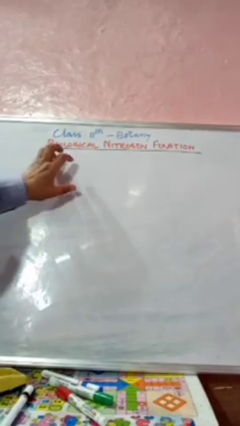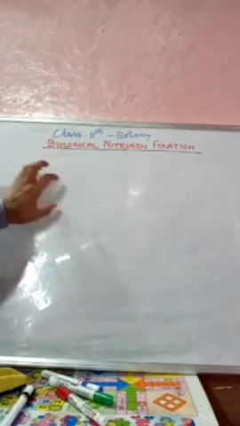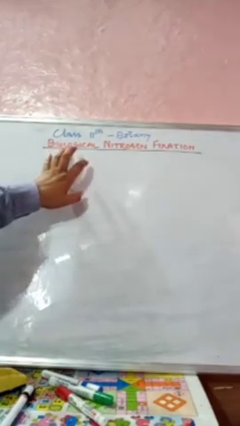Last time we discussed that nitrogen fixation can take place by two methods. First is physical nitrogen fixation, and second is biological nitrogen fixation. Last time we discussed physical nitrogen fixation in two categories: natural nitrogen fixation and industrial nitrogen fixation.